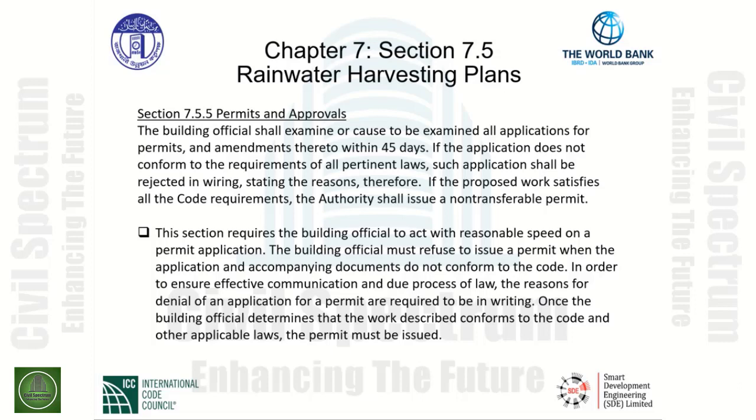In order to ensure effective communication and due process of law, the reasons for denial of an application for a permit are required to be in writing. Once the building official determines that the work described conforms to the code and other applicable laws, the permit must be issued.